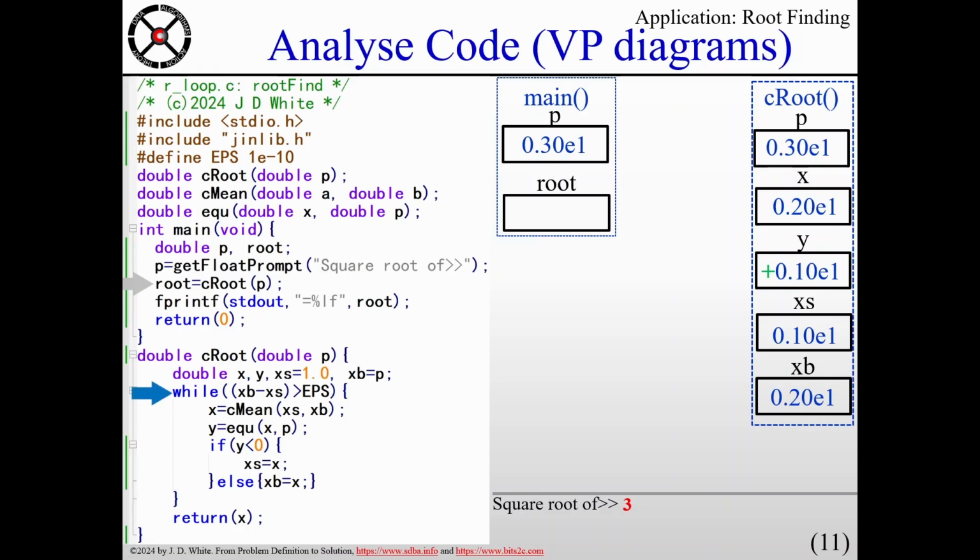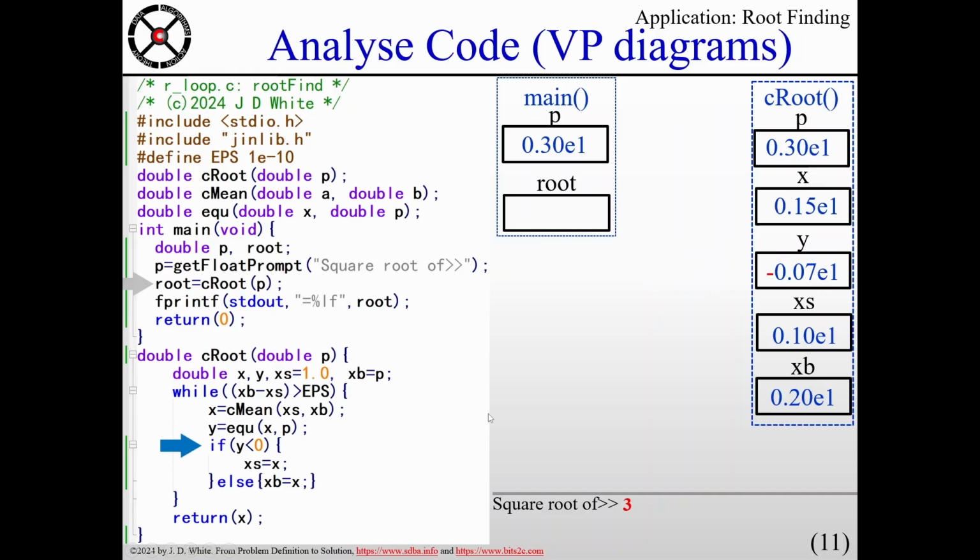I then check again. Is 2 minus 1 greater than epsilon? It is. I enter my loop again. I calculate the value that's halfway between, store it into x. I call the equation to calculate this, and it gives me a negative number, 0.07 e to the 1.